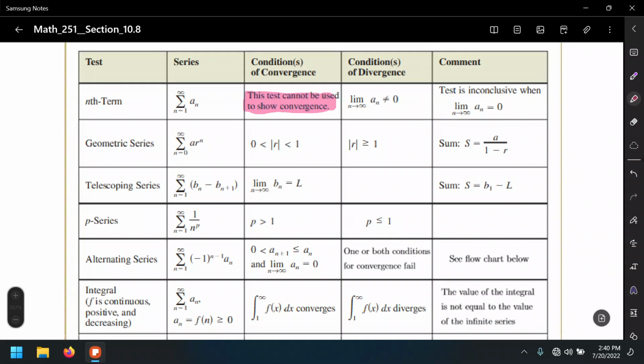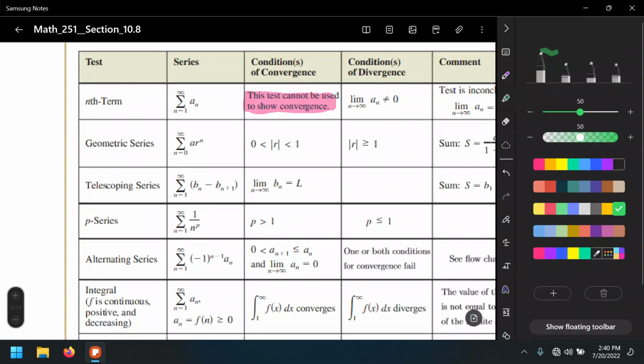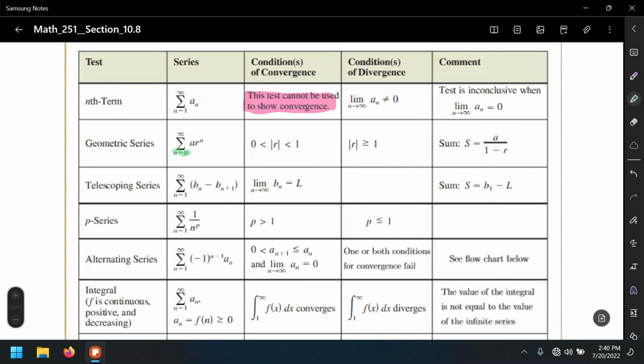The geometric series looks like sigma n equals 0 to infinity, a r to the n. Recall, very important, that the starting index for the geometric series is n equals 0. We covered a few examples in our lectures in which the series was not starting at 0.